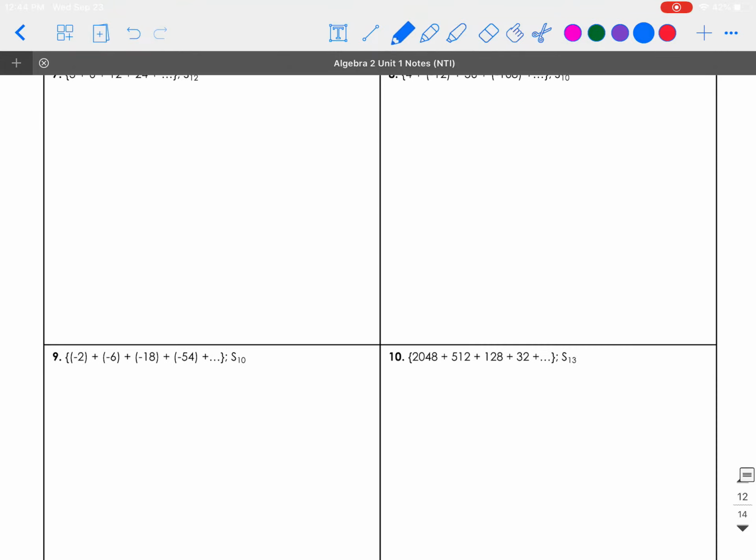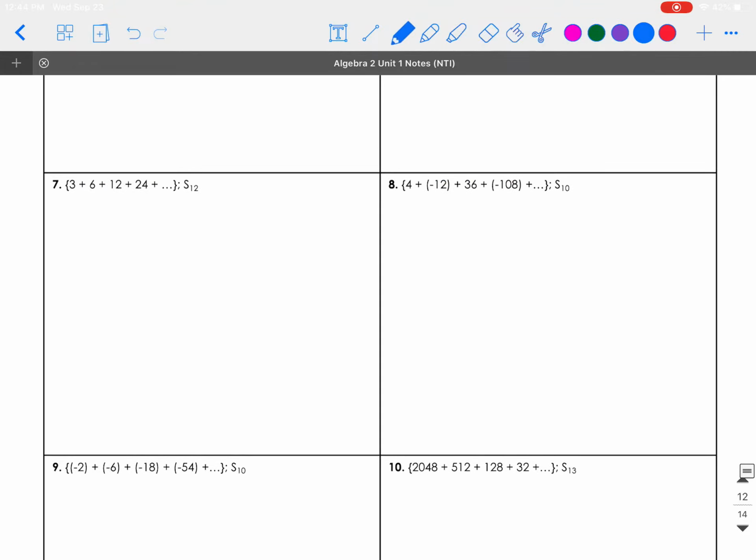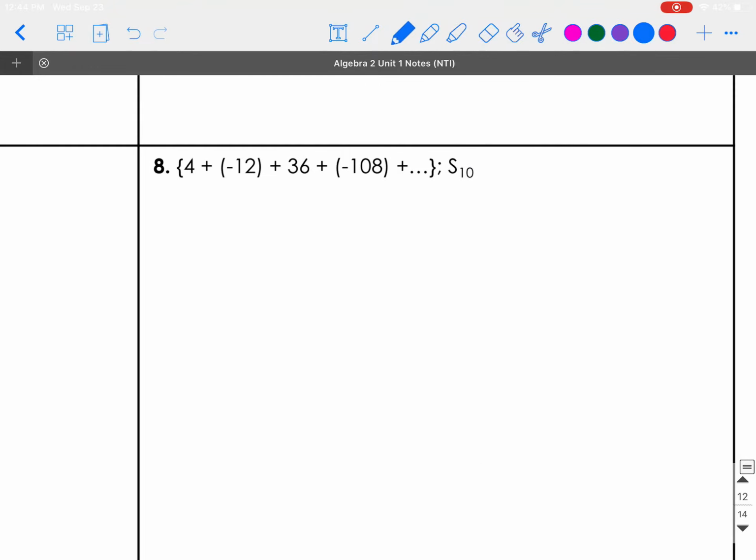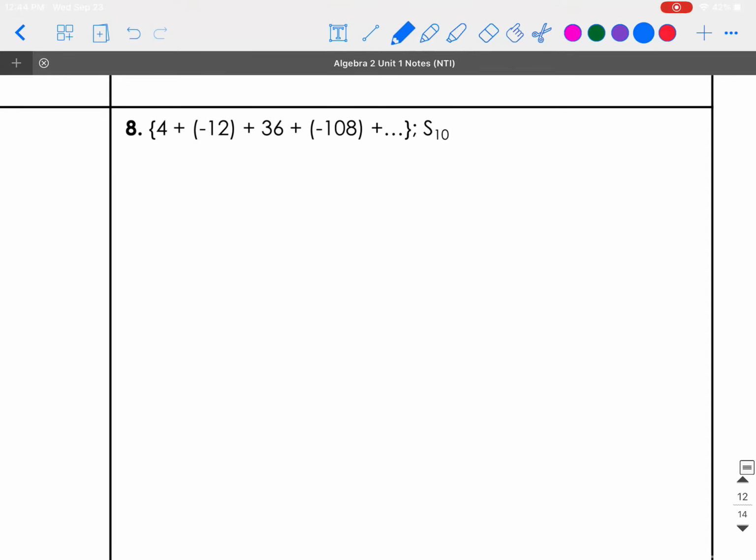All right, I'm going to pick one more to do. Let's pick number 8. Finding the sum of the first 10 terms. My first term is 4. My ratio is -3.